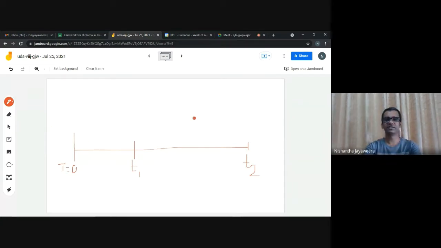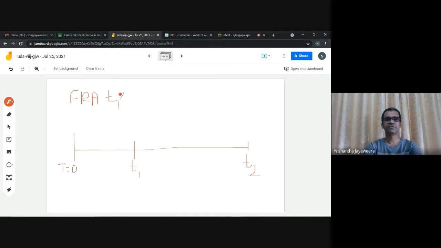So therefore, for a FRA from T1 into T2, clear? The FRA for a T1 into T2.